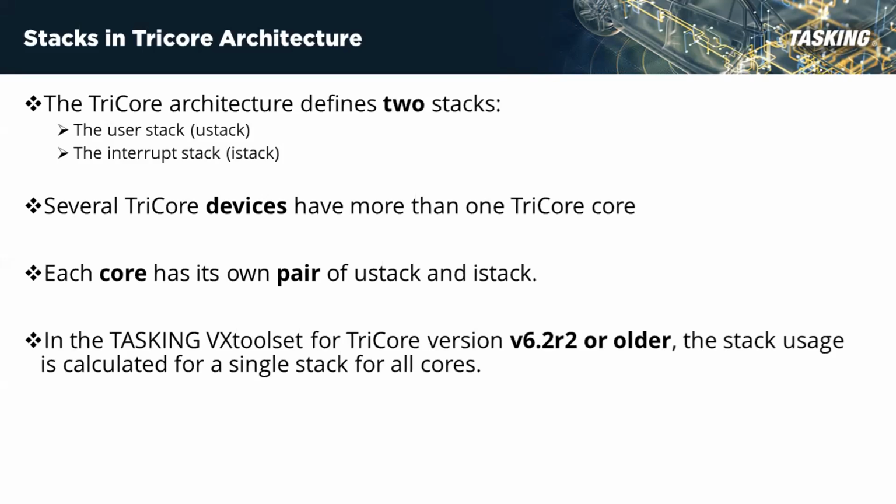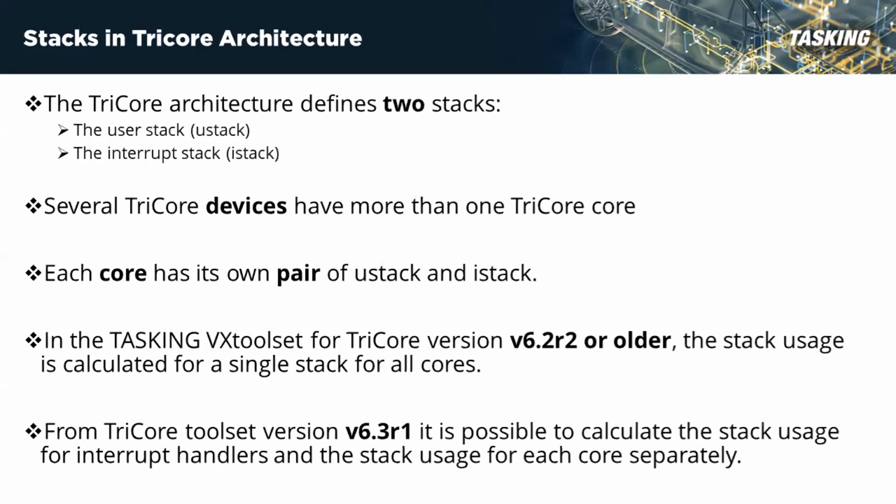If you are already using the TriCore VX toolset for TriCore from Tasking, and if you are using version 6.2 R2 or older, you could measure the stack for your whole application, and this stack is considered as a single stack for the whole cores, so it's not divided.